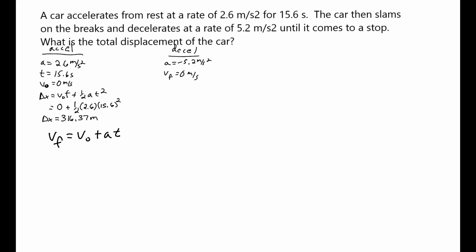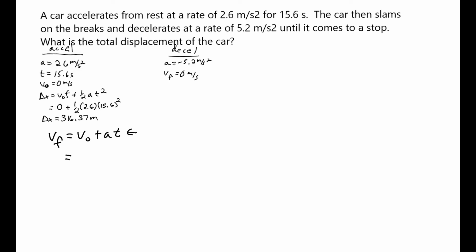And you can use multiple different equations for this one. I would suggest using this one. The other ones have delta x in them. If you messed up the first equation, then you'll mess up the next equation. So if you have a choice, use an equation that doesn't use something else you solved for, but use something else you were given. That makes sense, everybody?